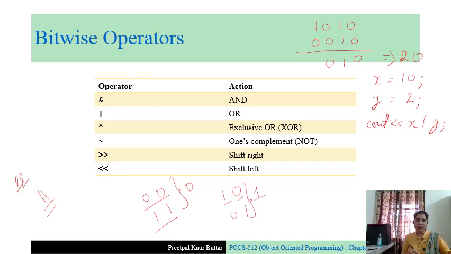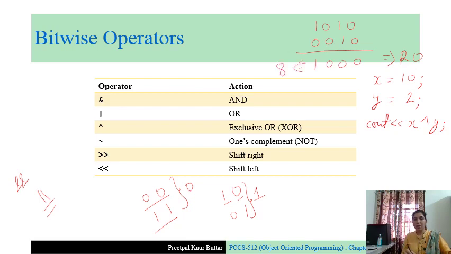So if we apply the XOR operator on this, the answer will be 0 and 0 is 0, 1 and 1 is 0, 0 and 0 is 0, 1 and 0 is 1. The result is 8.